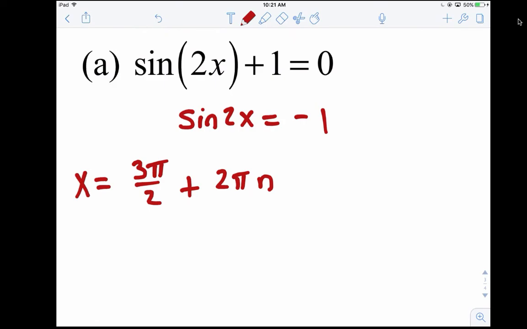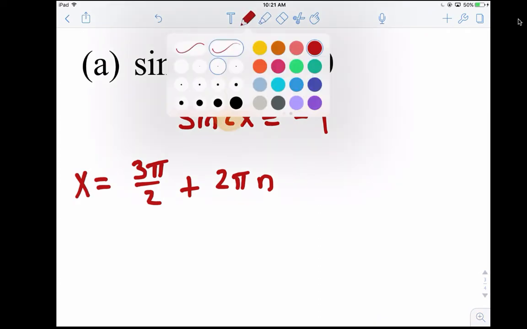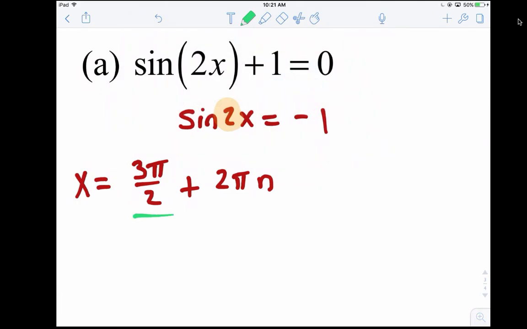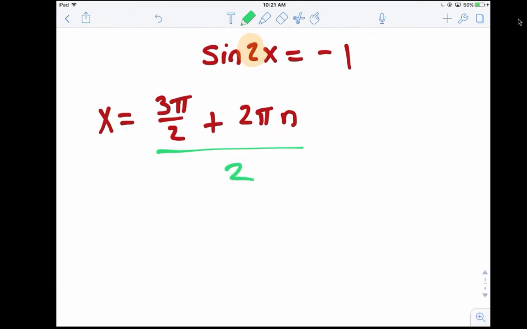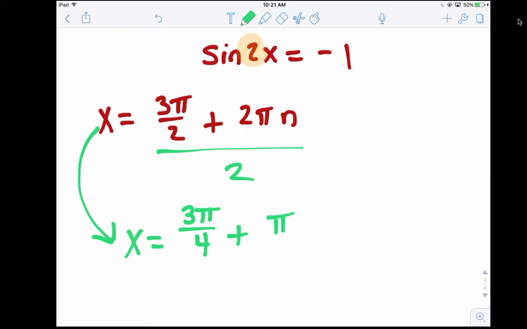Now, because it's 2x, we have to make sure that we divide our answers by 2. So your new general solution is going to be x equals 3 pi over 4 plus 2 pi divided by 2, which is pi n.